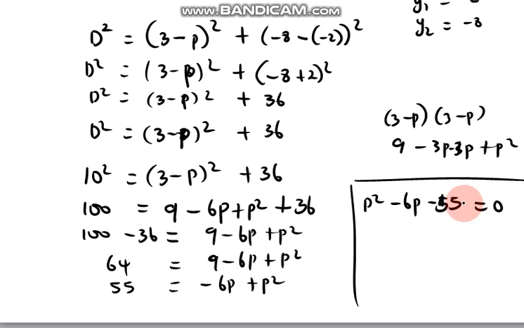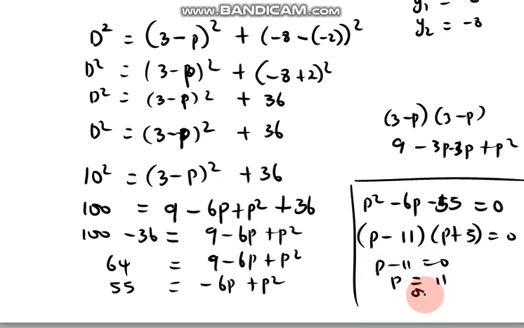If you solve it, you have p minus 11 and p plus 5 equal to 0. So p minus 11 equal to 0, that's p is equal to 11, or p plus 5 equal to 0, which implies that p is equal to minus 5. So we take our p to be equal to minus 5.